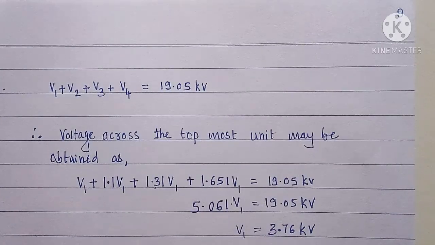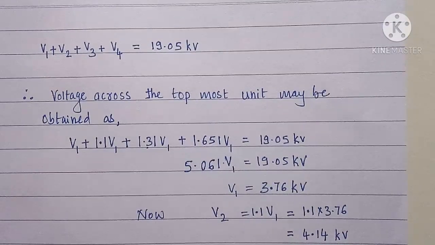Now we can calculate V2, V3 and V4 by using V2 equal to 1.1 V1, V3 equal to 1.31 V1 and V4 equal to 1.65 V1 as follows. So here V2 is 1.1 V1, that is 1.1 into 3.76.